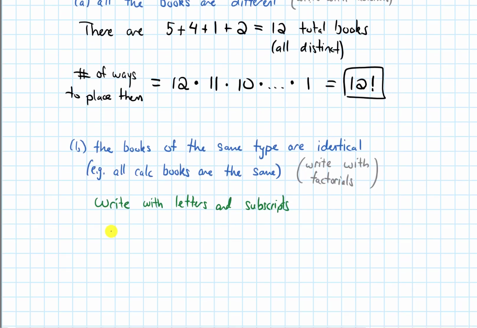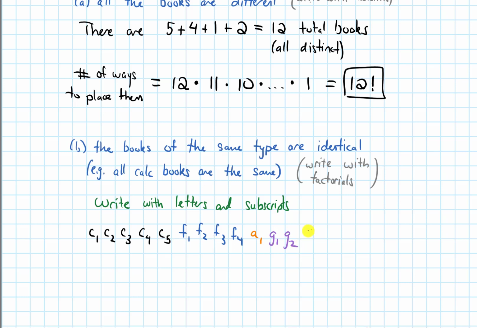Let's just say we put all the calc books at the front. So write C1 for the first calc book, C2 for the second calc book, and I keep going, C3, C4, C5, because there's 5 calc books. And then there's 4 finite math books. So I will call them F1, F2, F3, and F4. There's 1 algebra book, so I'll just call that A1. And 2 geometry books, so I'll call those G1 and G2.